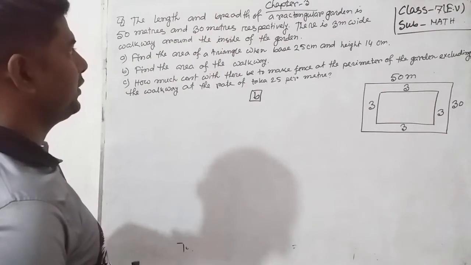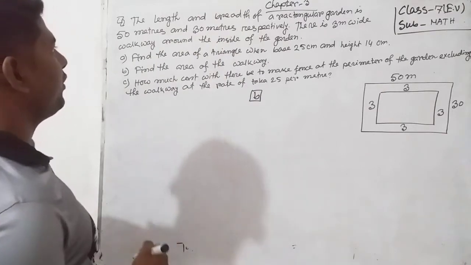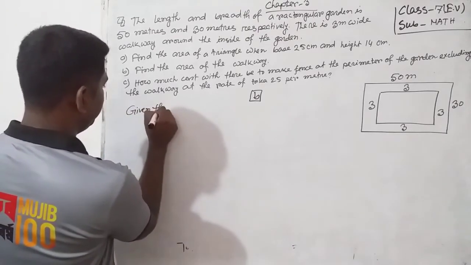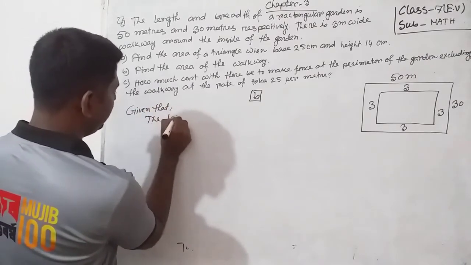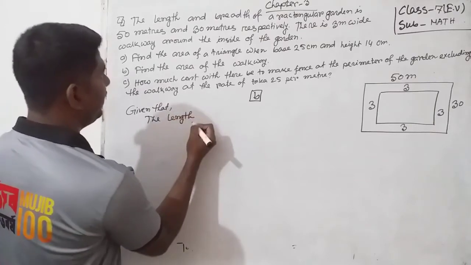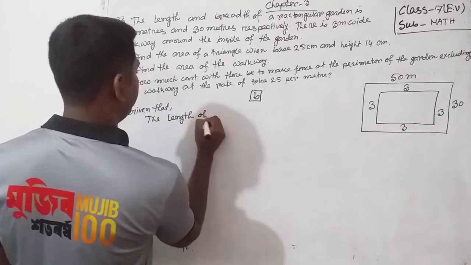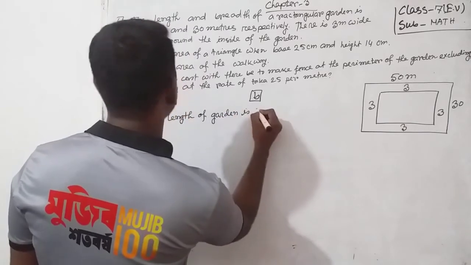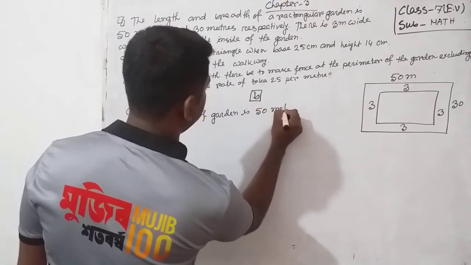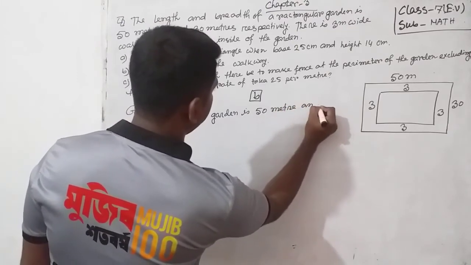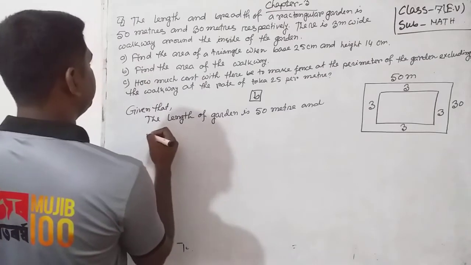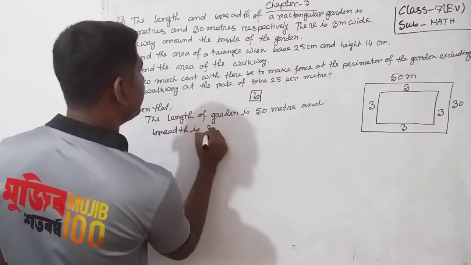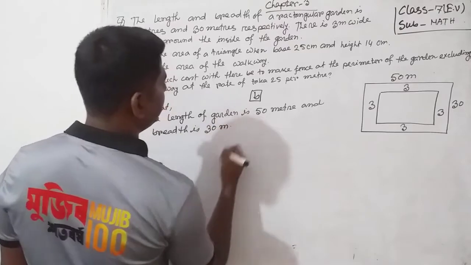Okay, so we can write the length of the garden, given that the length of a garden is 50 meter and breadth is 30 meter.